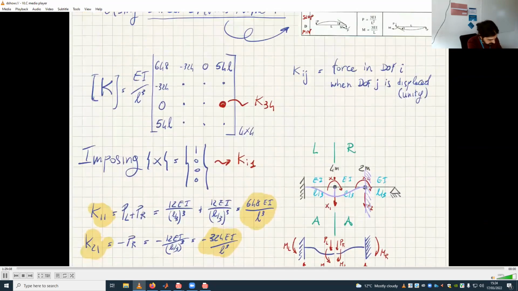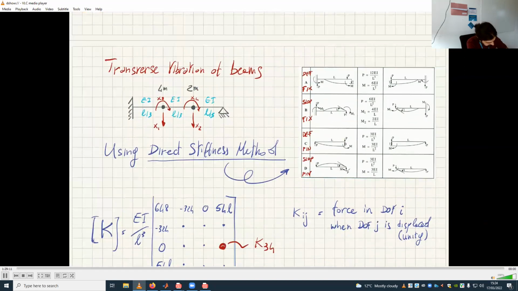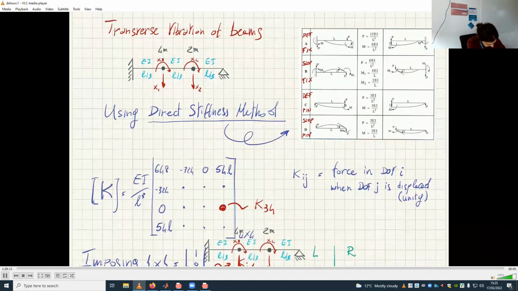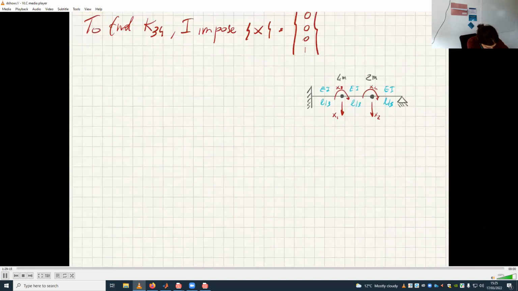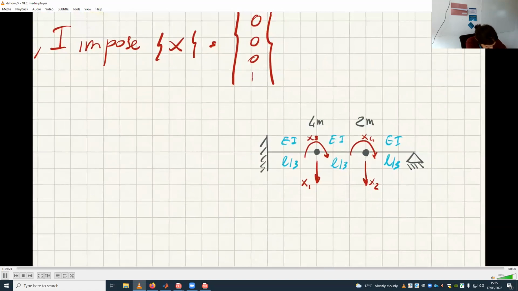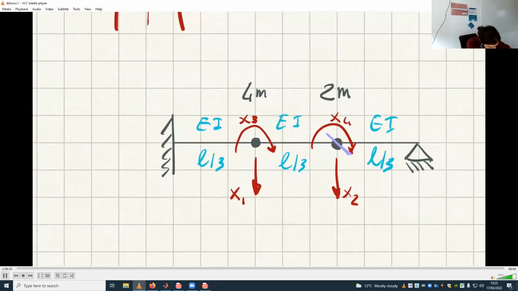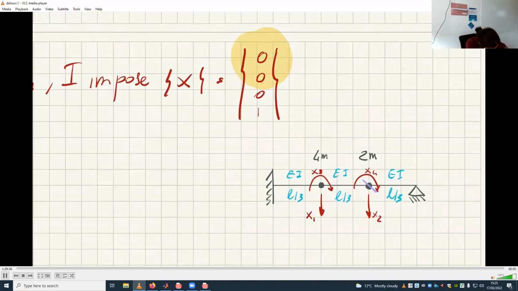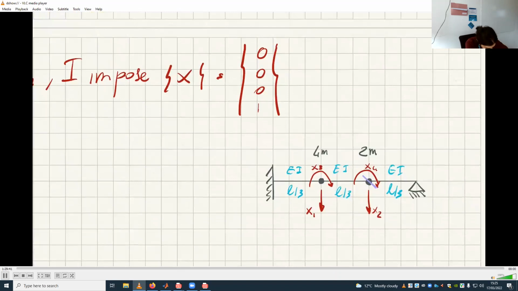And then I look at the beam again. I look at the beam and then I impose this unit rotation here. That means I put a screwdriver and I rotate in the direction of X4 1 radian. And this gives me, since X1 and X3 are 0, this effectively gives me fixed support here.